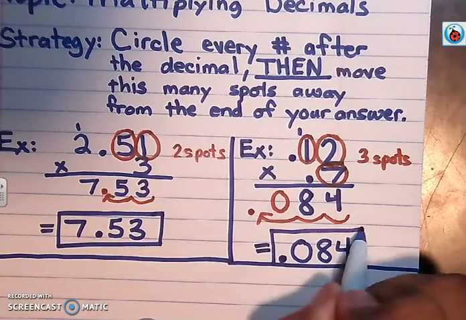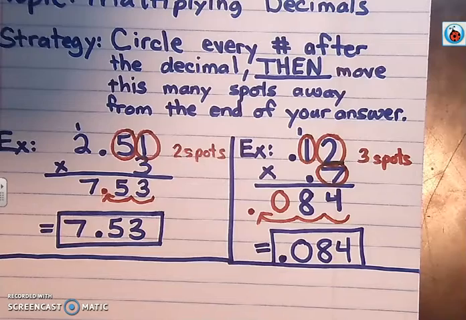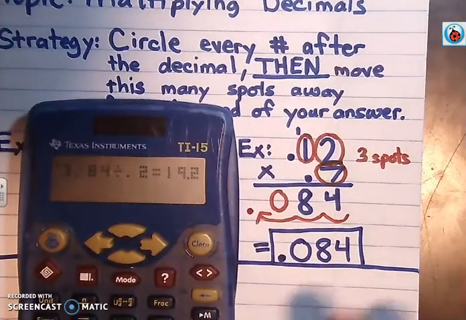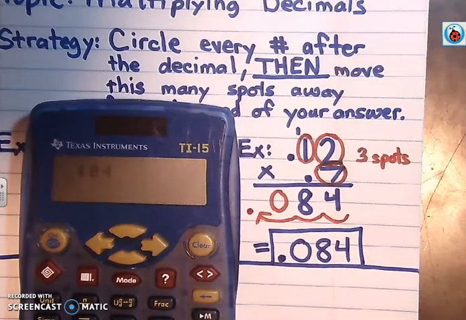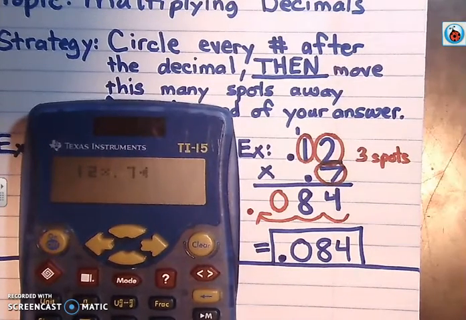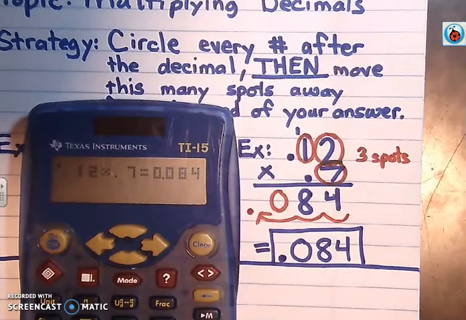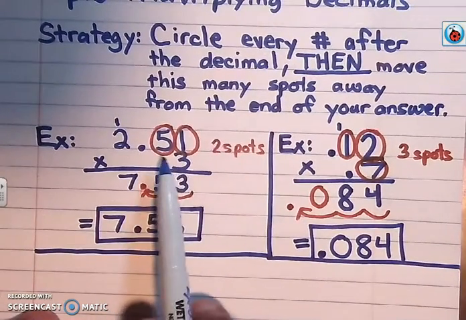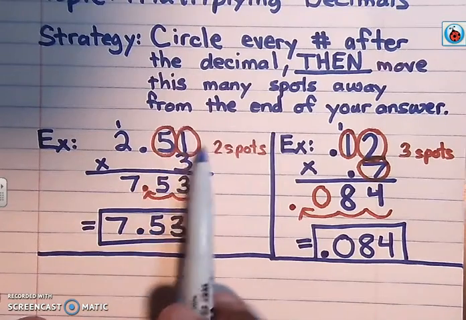And then we can also check it just to be certain that it is correct. We'll look here in the calculator. It was decimal 12 times decimal 7 equals decimal 0, 8, 4. Perfect. So in this first example, I circled 2 numbers after the decimal.